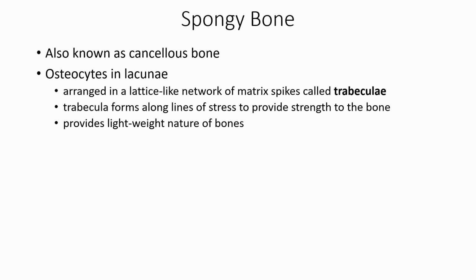They're going to form along lines of stress. This helps give some strength to the bone, but because there are lots of pockets between these spikes, it also leads to a lightweight nature of the bones. It's not completely solid, it's not super dense the way compact bone is. So this helps remove some of that weight from the bones. Otherwise, we'd be extremely heavy.